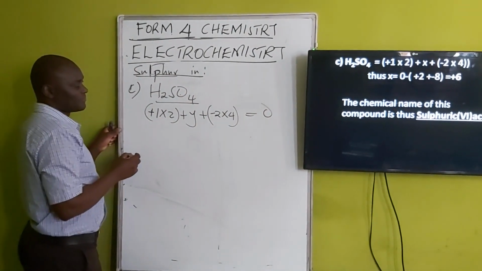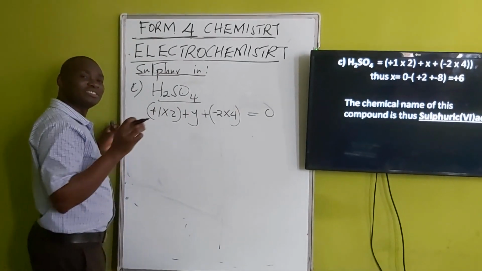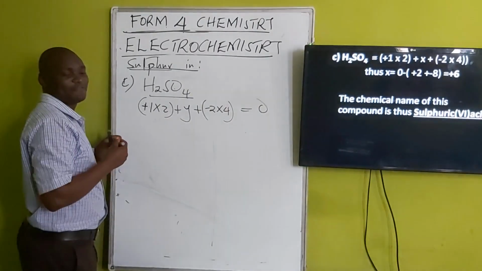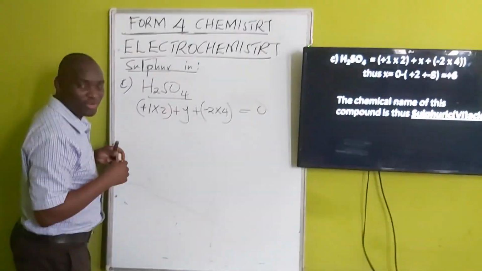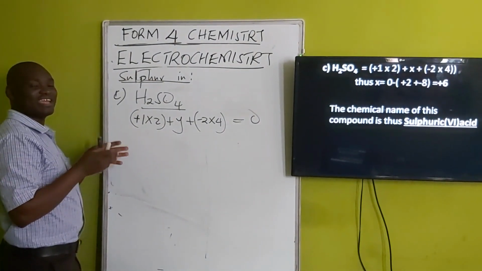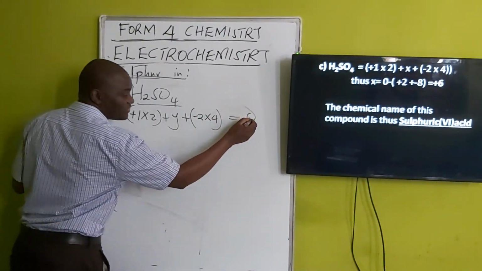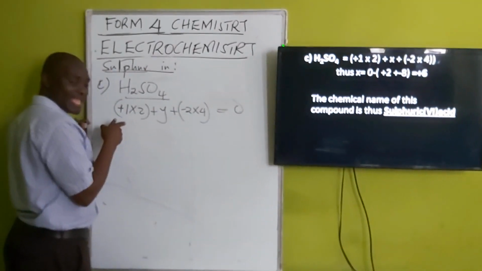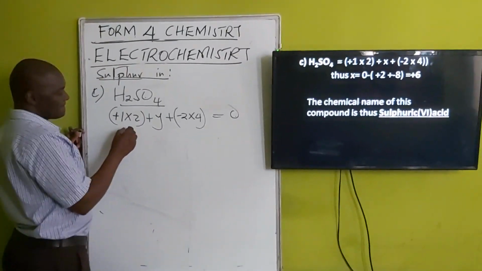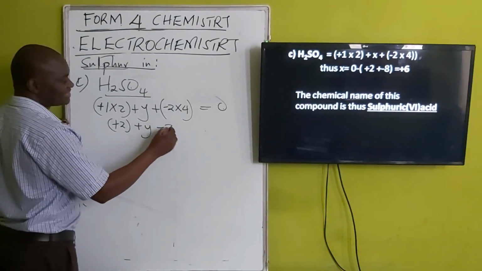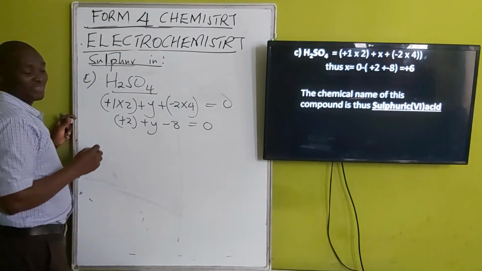Overall charge is 0 because the oxidation numbers of elements in a compound, when added, give 0. That is the law that we are applying here. So this is positive 2 plus y minus 8 is equal to 0.